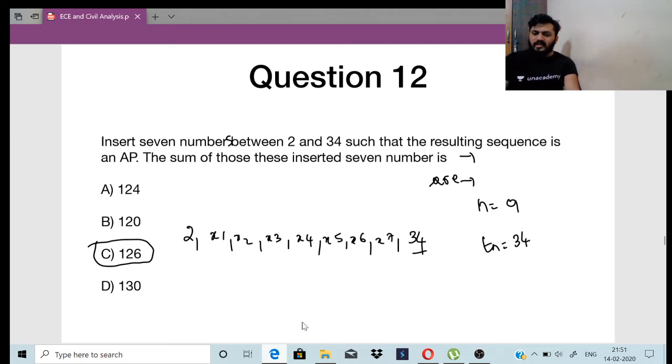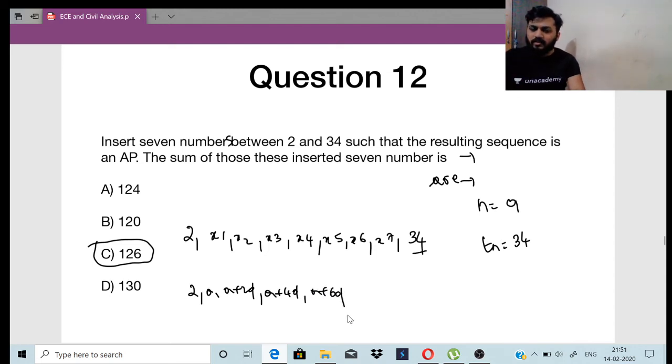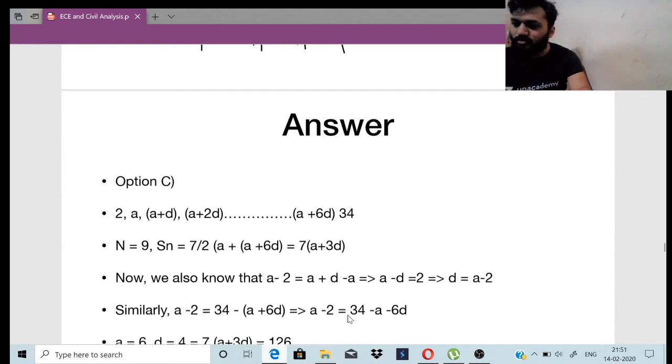So how will I write all these? a, a plus d, a plus 2d, a plus 3d, a plus 4d, a plus 5d, a plus 6d, I'll keep on going like this, right?